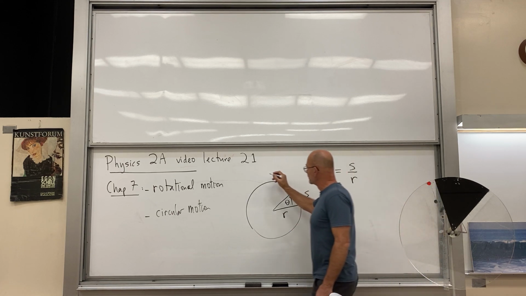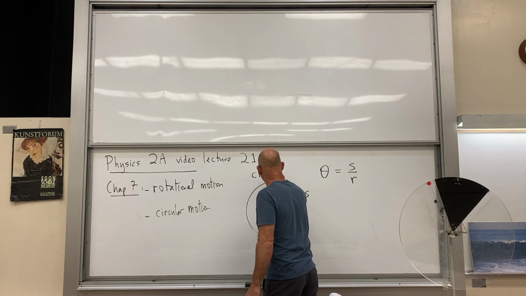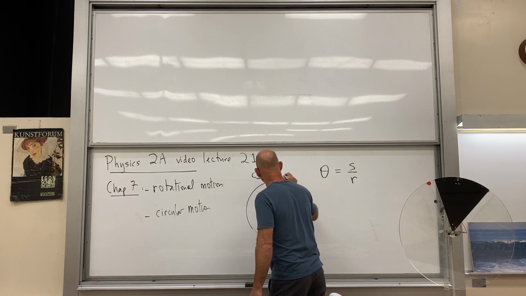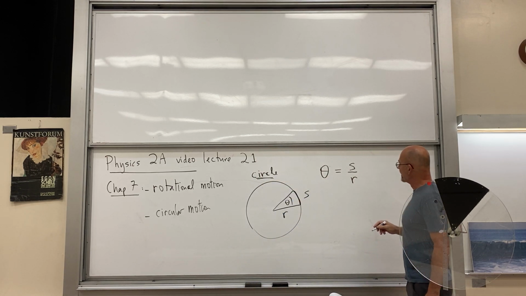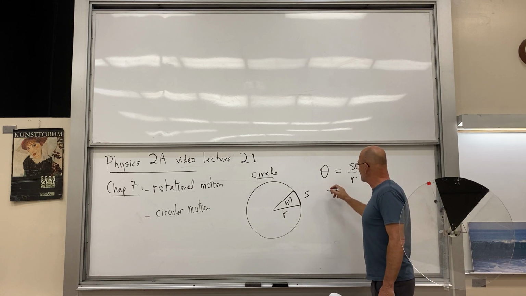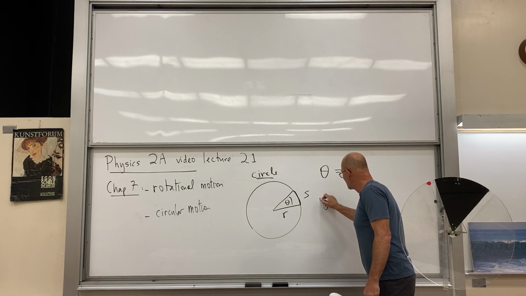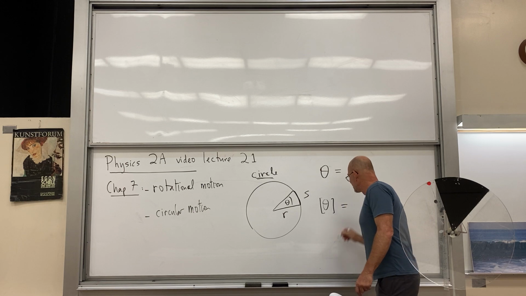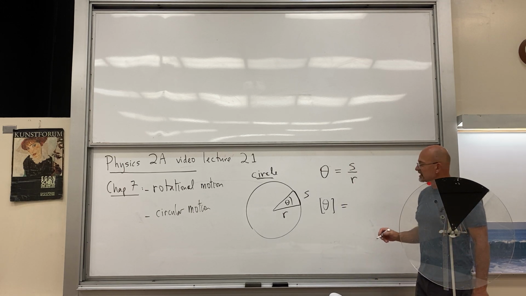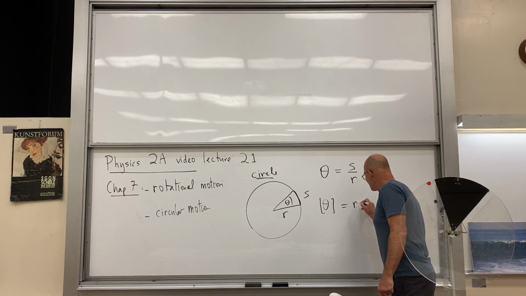Now, furthermore, let's make sure we write this down. We have our circle, if we didn't know already. Now, what are the units? Well, the units are a dimensionless unit called the radian.